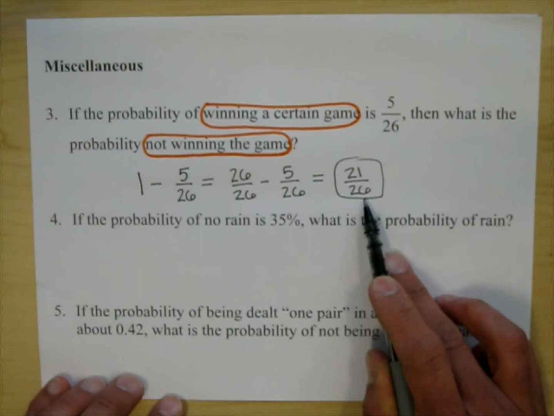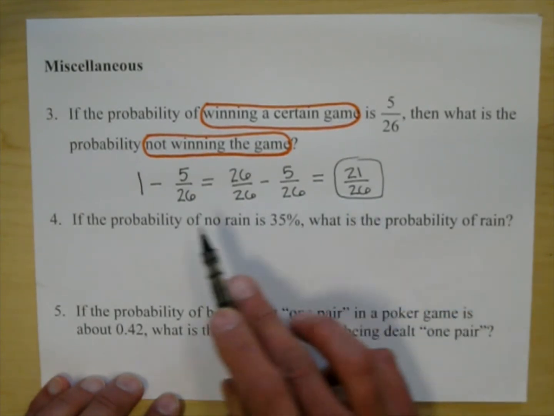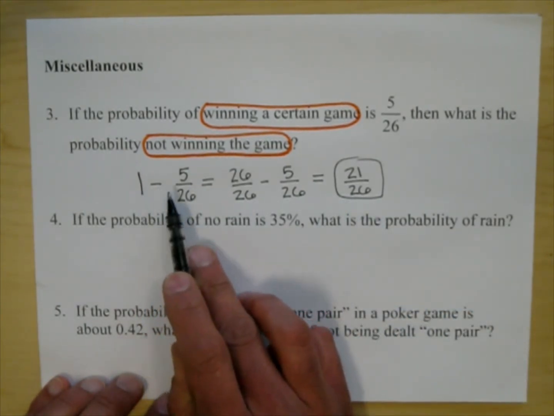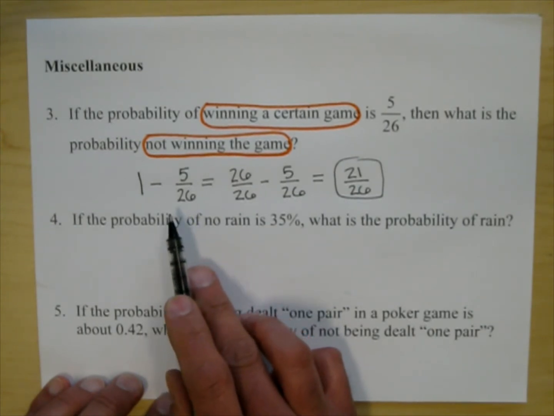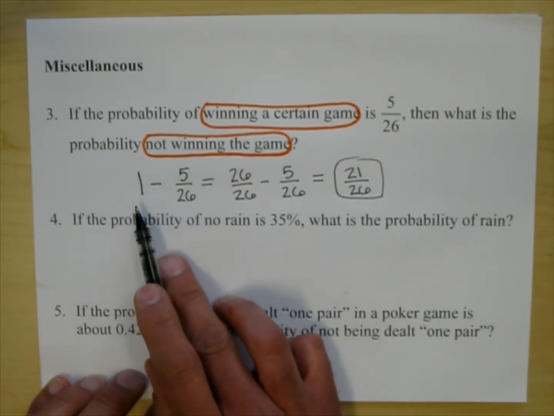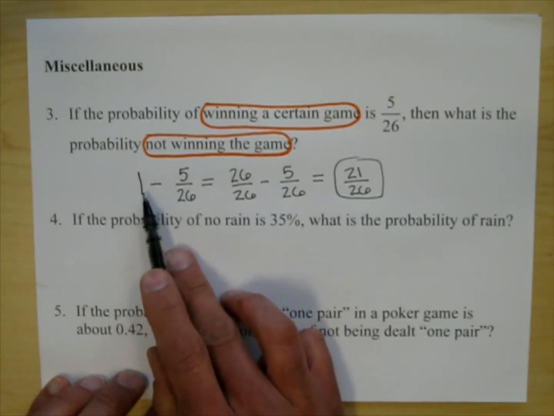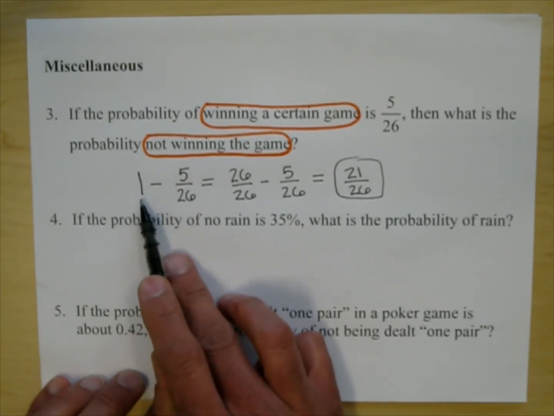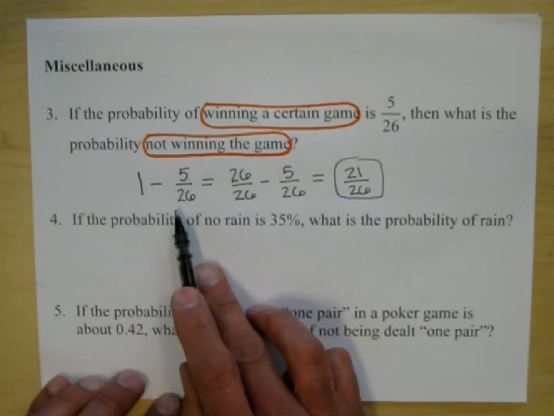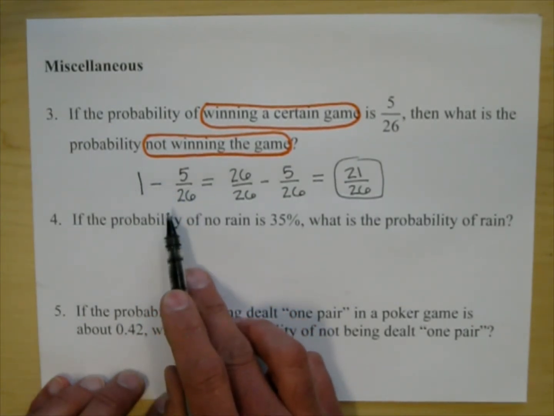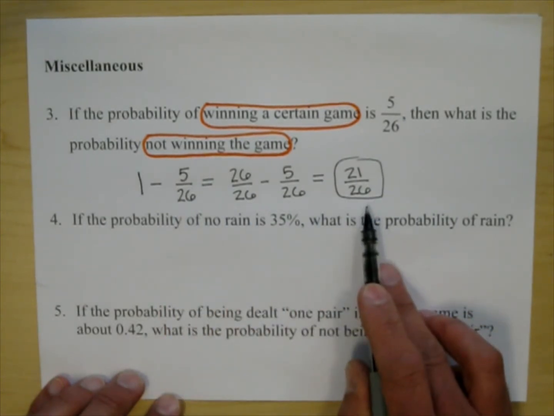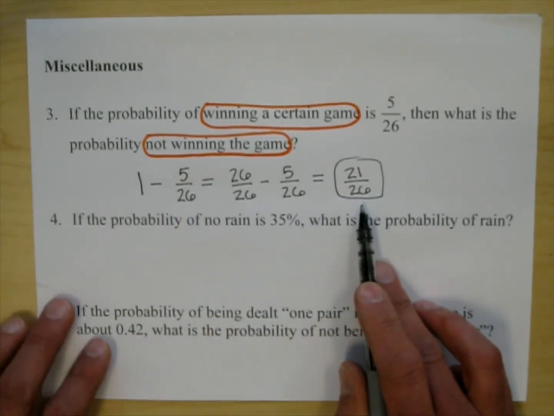That will always work when you have 1 minus a probability. It will not always work if there's another number besides a 1, like a 7 or something. But when it's 1 minus a probability, which is all we'll be doing in 7.4, that will work. You'll see me do that again.